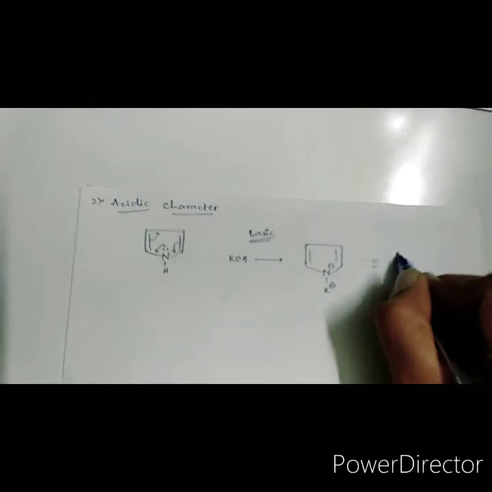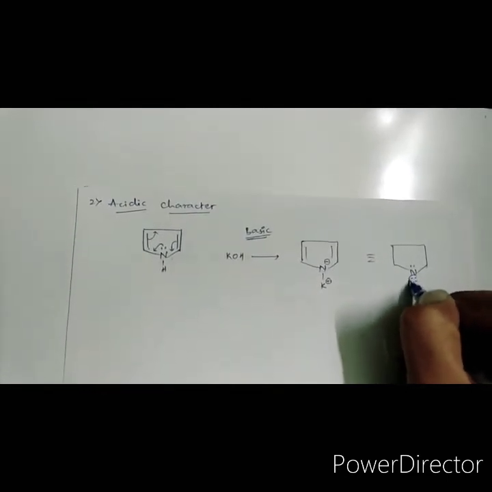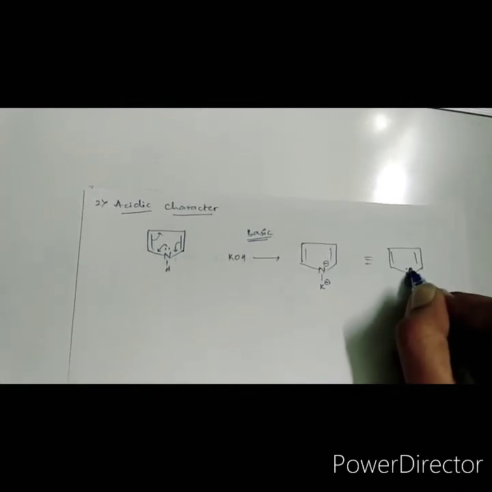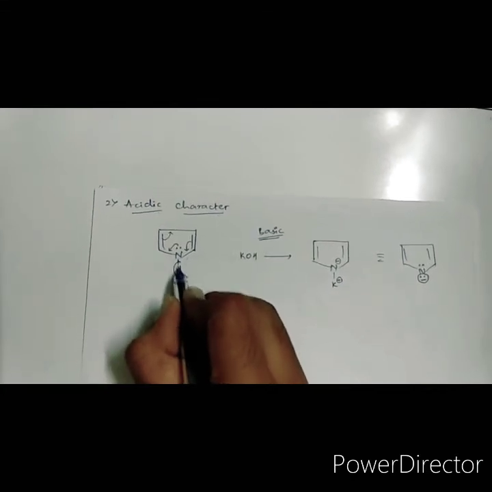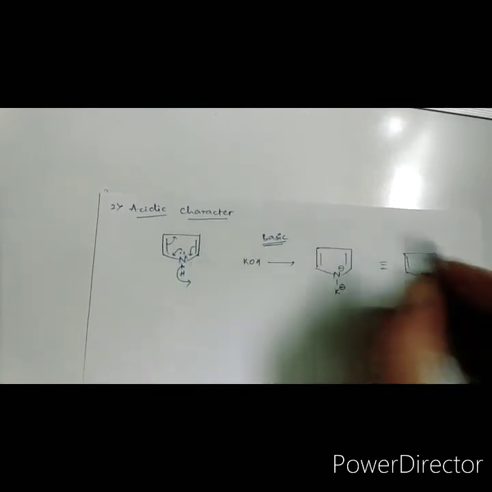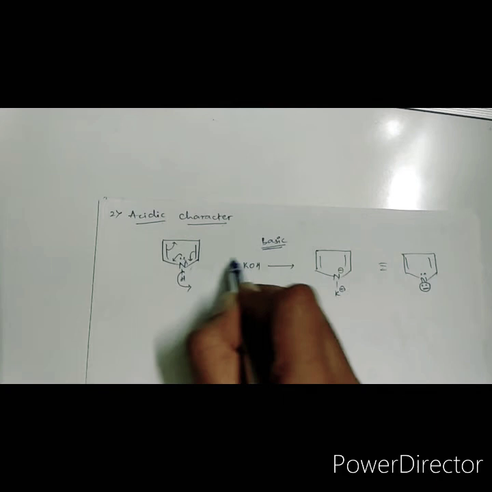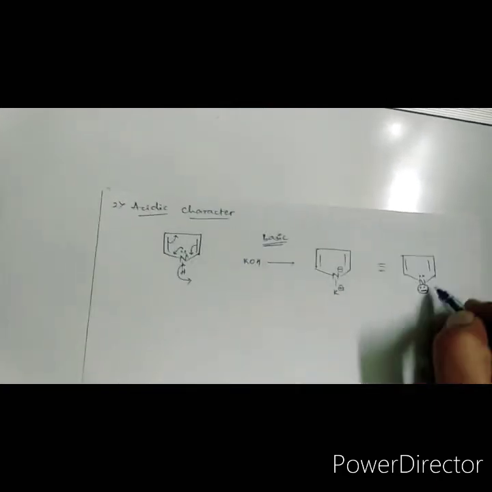So it may carry a slightly negative charge and potassium carries slight positive charge. Also you can write it as negative charge. This lone pair of electrons will be retained, but because of loss of this hydrogen atom or proton, the bonding electrons will be left by the nitrogen itself. So it will carry a negative charge and this potassium will go and replace this hydrogen, so it carries a positive charge.